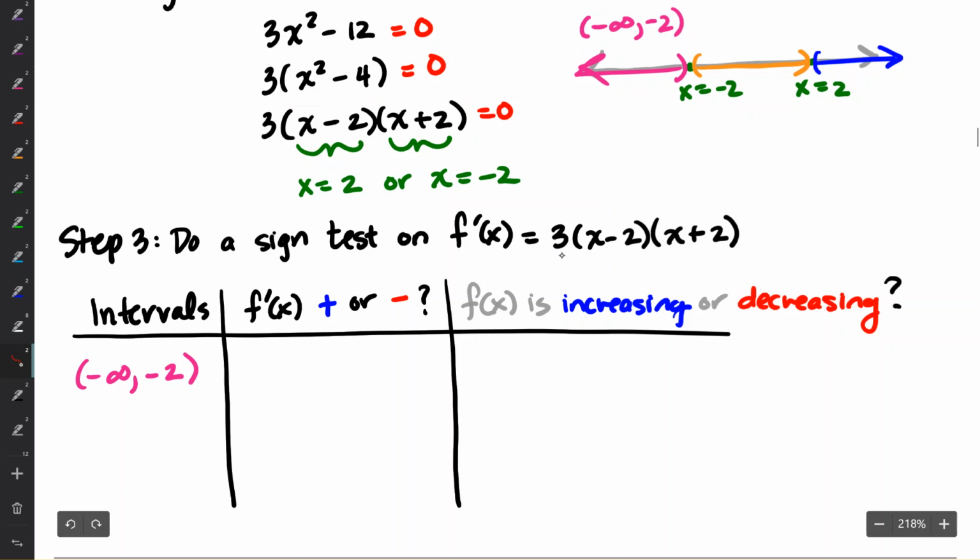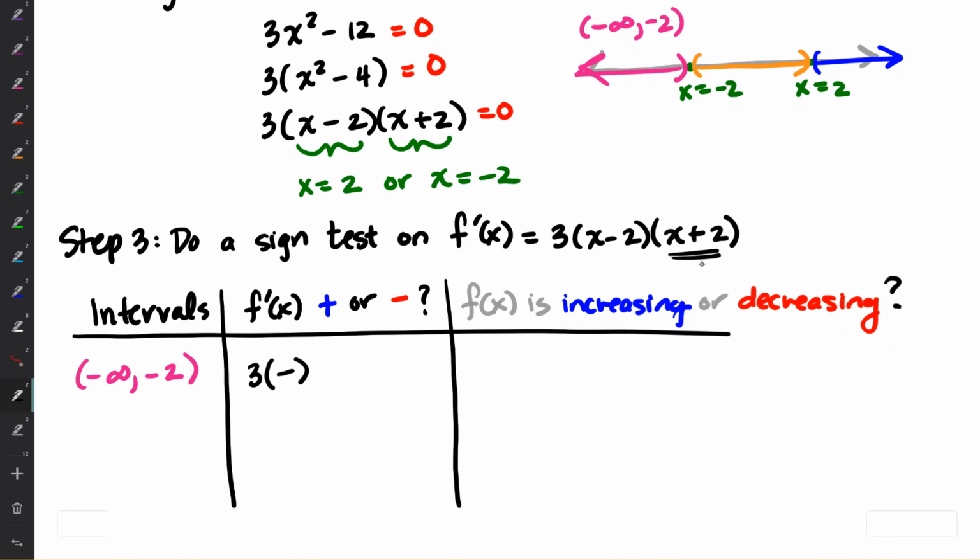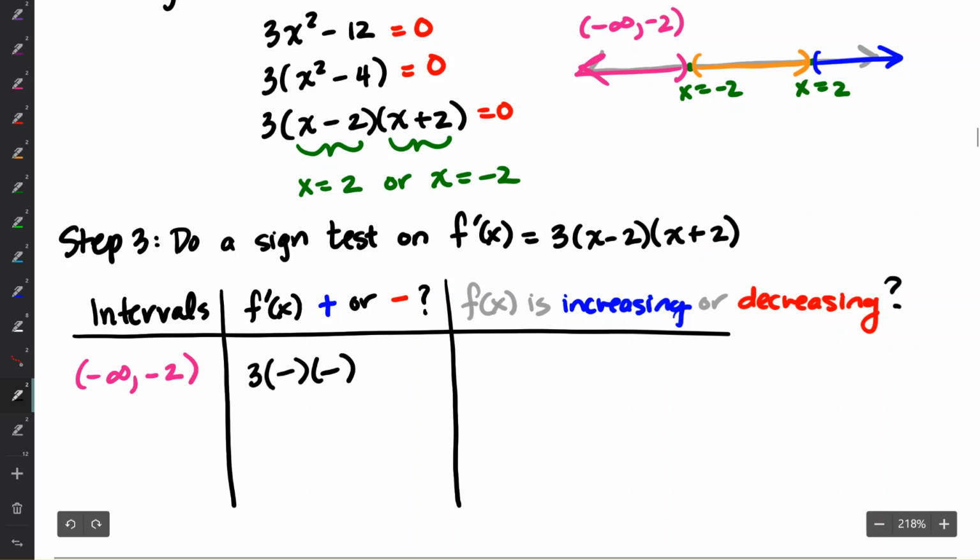F prime is always positive 3, maybe I'll just even write that. 3 times a number less than -2. x - 2 is negative, and a number less than -2, like -10, plus 2 is negative. So we've got a negative times a negative, which is a positive, times 3. This is positive. So since my first derivative is positive, my function f is increasing.